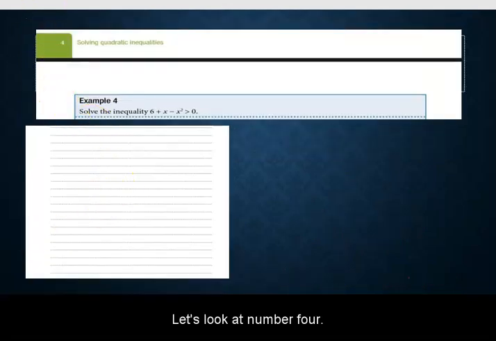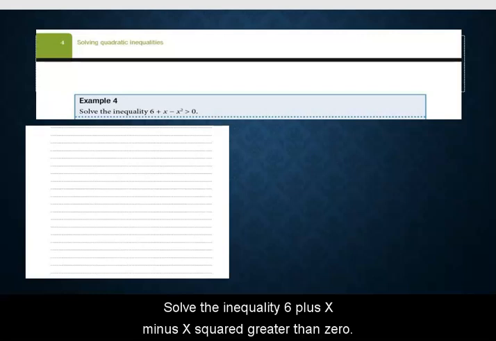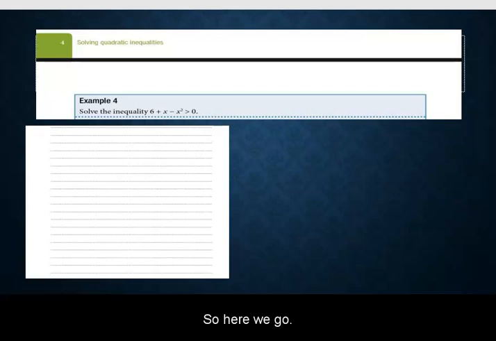Let's look at number 4. Solve the inequality 6 plus x minus x squared greater than 0. So here we go.